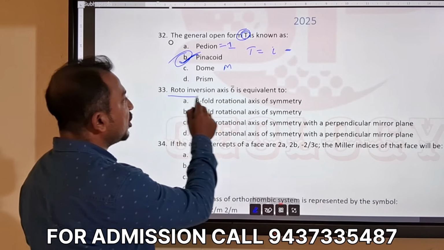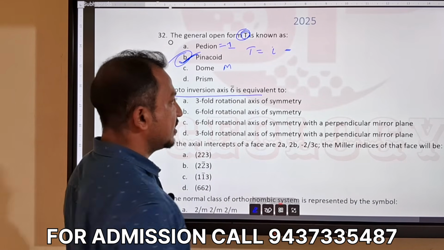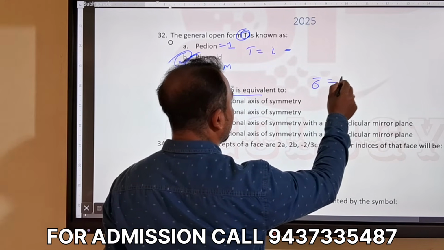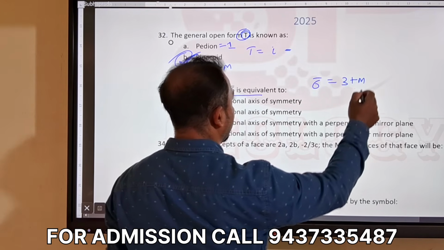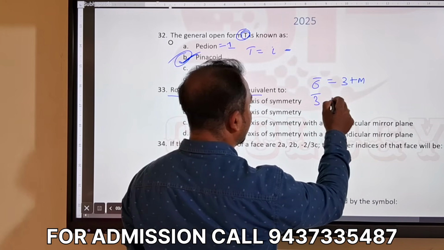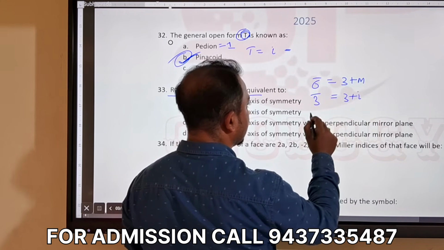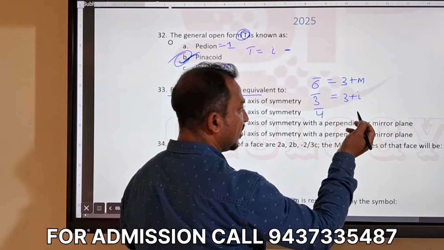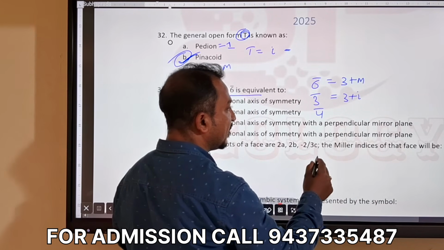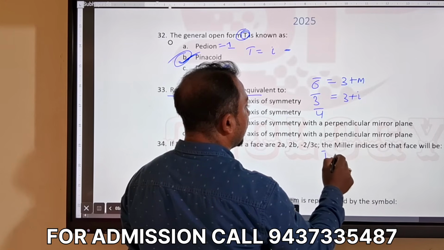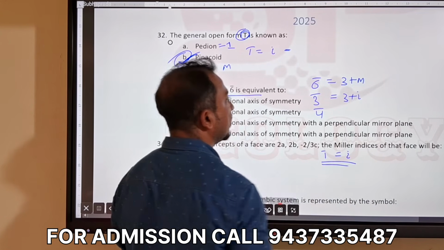When it comes to the roto inversion axis, 6 bar is equivalent to 3-fold plus mirror plane. Then 3 bar is equivalent to 3-fold plus inversion. 4 bar is a unique operation, it is not similar to other operations. Then 1 bar is equivalent to i, inversion.